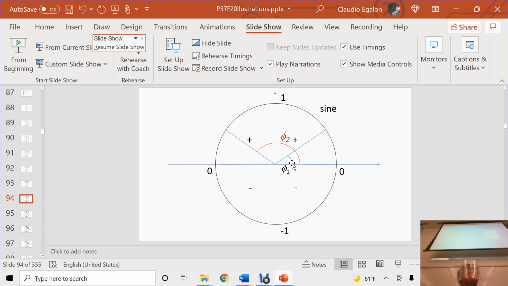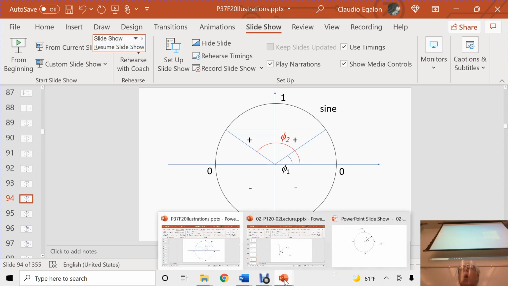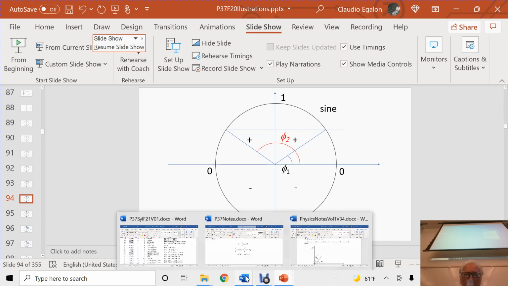Do you see that? We can write down that phi 2 plus phi 1 is equal to what? 180 degrees. Okay? So that's the trick. You have to use your toolbox, your mathematical toolbox that you learned back in mathematics, in trigonometry.